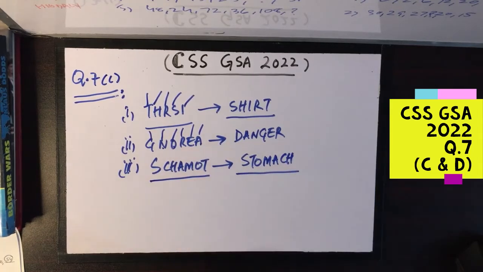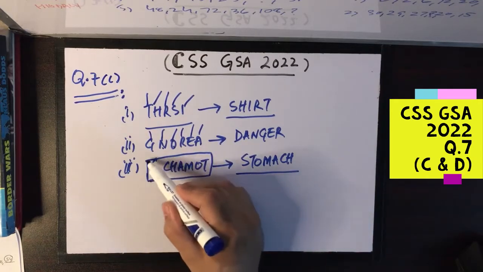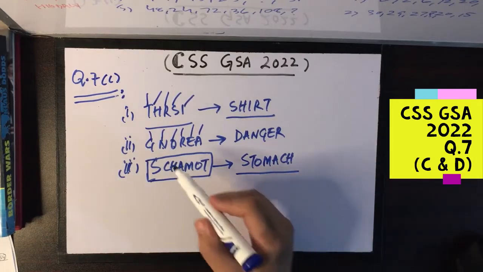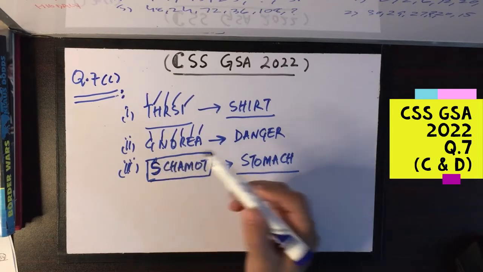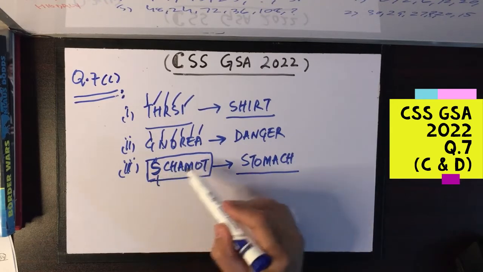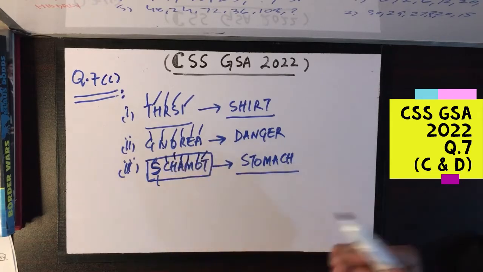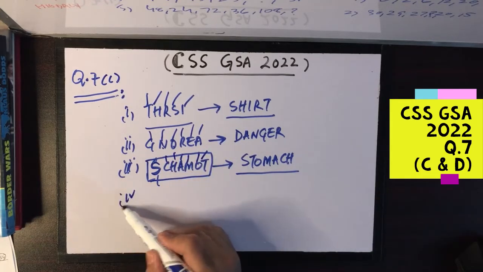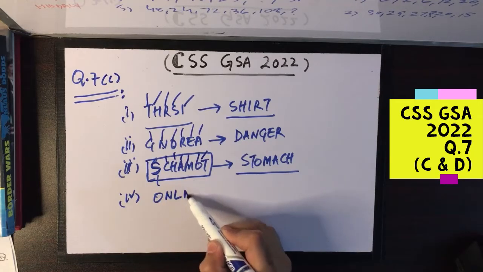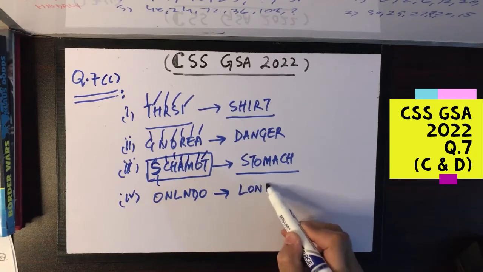I had to spend a lot of time on it, and then I started solving the science portion of GSA, and afterwards when I came back I realized it's stomach. Thank God. STOMACH. Fourth one is ONLNDO. This is London. LONDON.